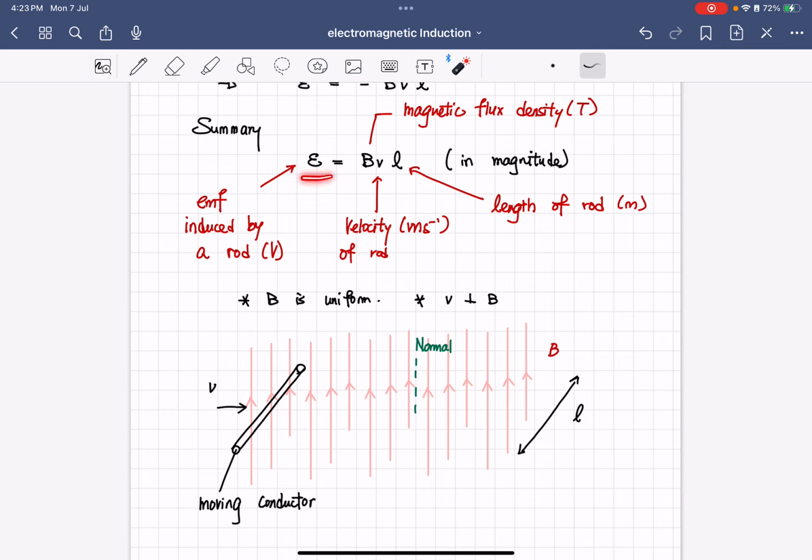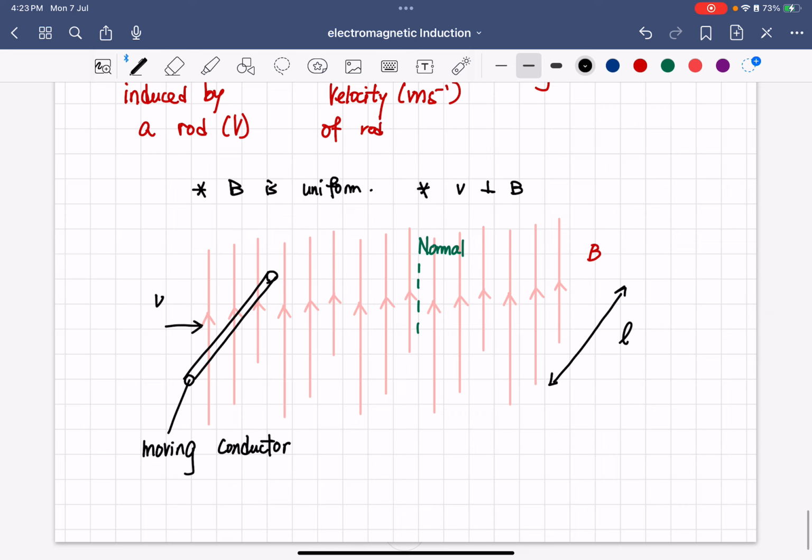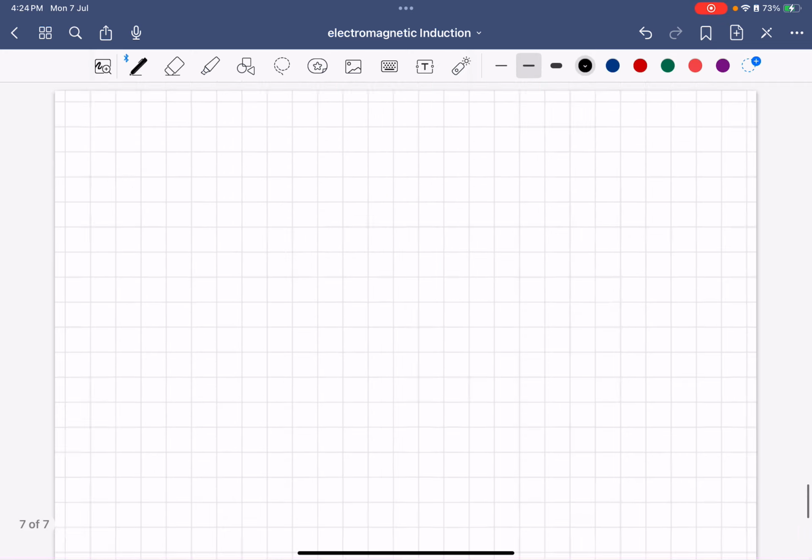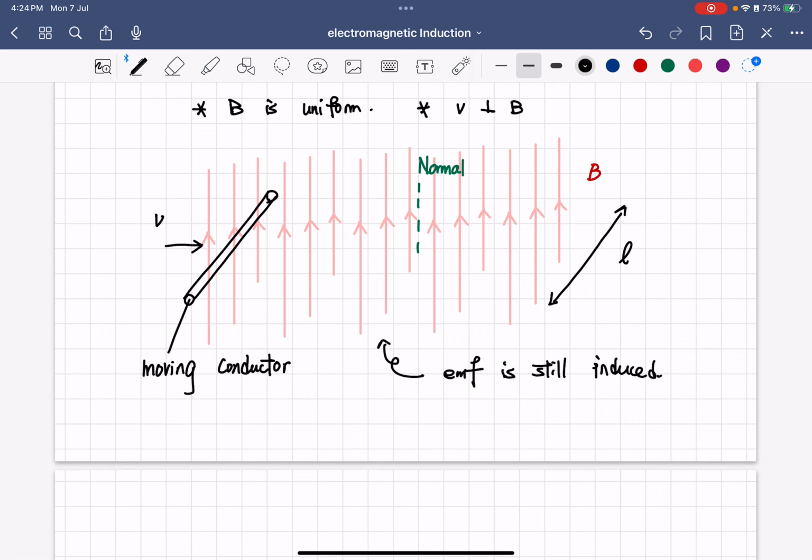In this case, EMF will also be induced, and it will still be given by the magnetic flux density times the velocity times the length of the rod. It will not be necessary for this rod to be connected in a closed circuit. EMF will still be induced in this case. Without any closed circuit, we cannot say anything about the loop, but using the interpretation we had before, it is cutting the magnetic field lines.